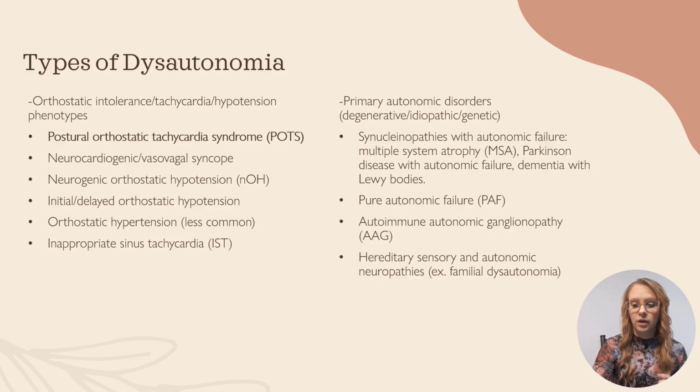So regardless of the reasoning behind why you got it, or if it's something that's autoimmune and you need to see other practitioners to have specific medications that you're on for that, we still do a really good job of training your autonomic nervous system to work more appropriately. We have patients that are on medications, they're on beta blockers, they're on immune suppressants that see a lot of really good outcomes.